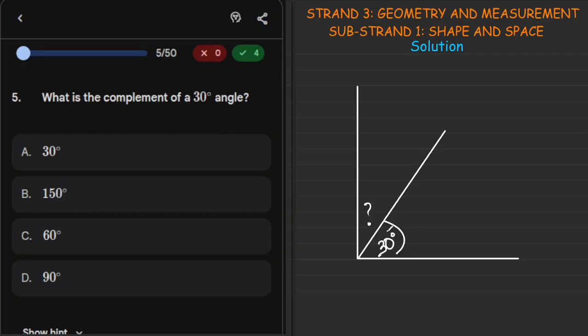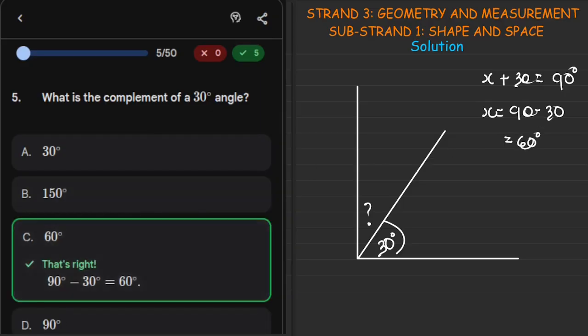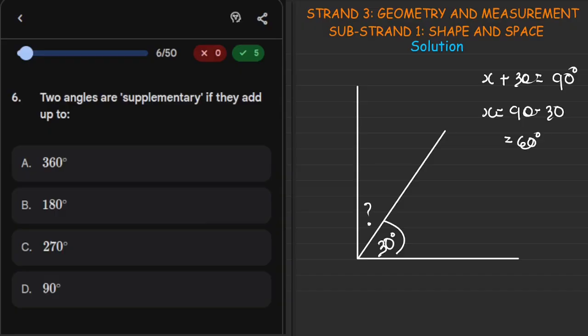You can easily solve by saying x plus 30 should give you 90 degrees. Then x is equal to 90 minus 30, and that gives us 60 degrees. As simple as that.